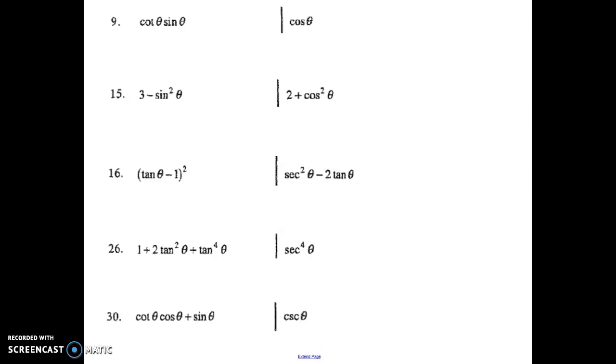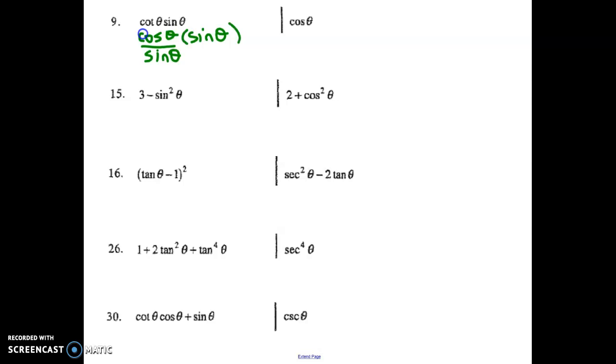So for question 9, we want to make cotan times sine the same as cosine. So when I look at that, I don't see much that I can do so far, besides make cotan into cosine over sine. So if you look at your identity sheet, we see that cotan is cosine theta over sine theta, and then that's multiplied by sine theta.